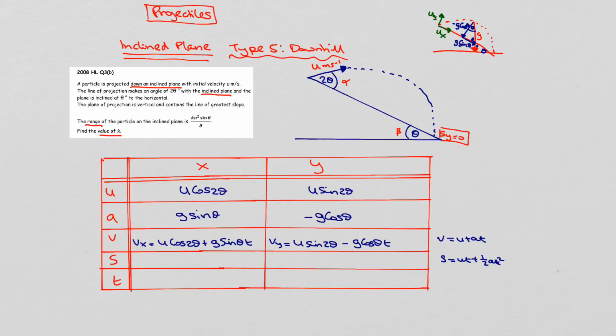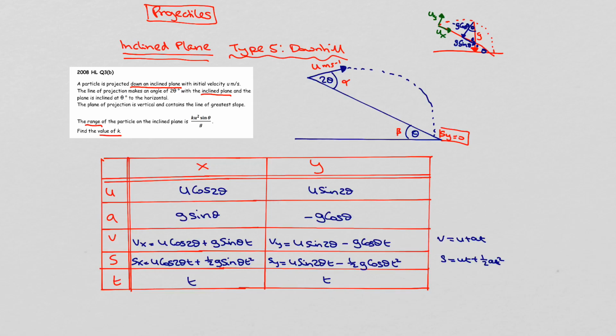And then s in the x direction is u cos 2 theta t plus a half g sine theta t squared. And in the y direction, u sine 2 theta t minus a half g cos theta t squared. And again, time in terms of t for both.